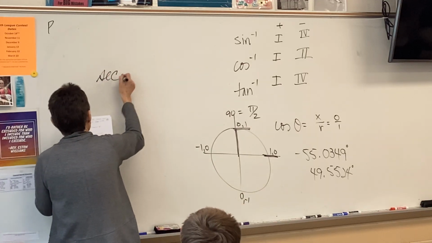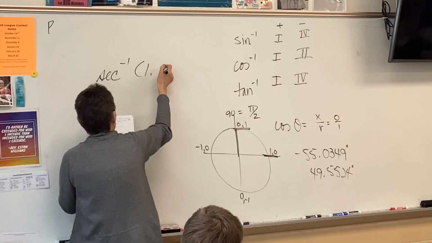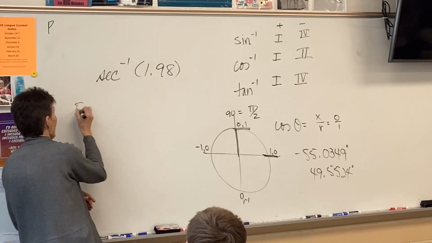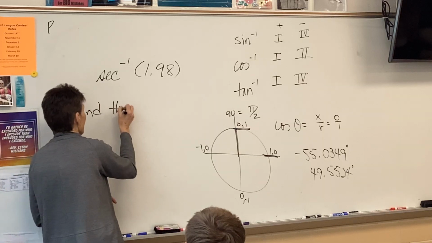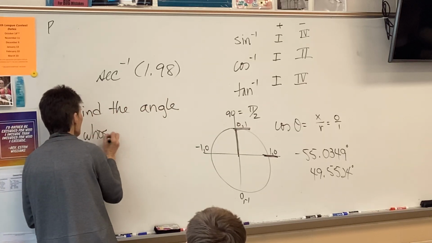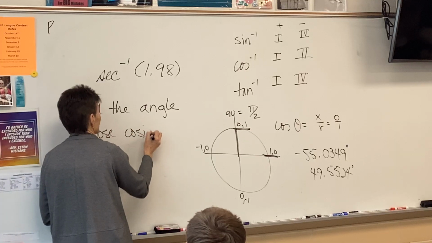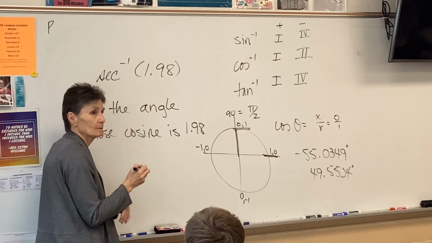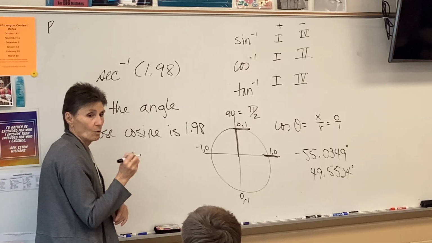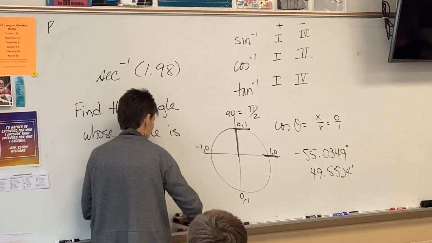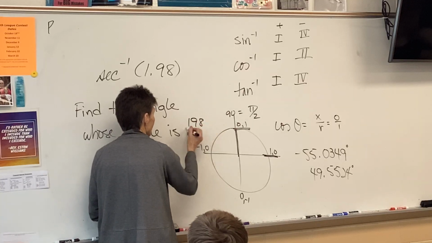This says, literally, find the angle whose cosine is 1.98. Because it's the same thing. So in other words, the cosine is 198 over 100.